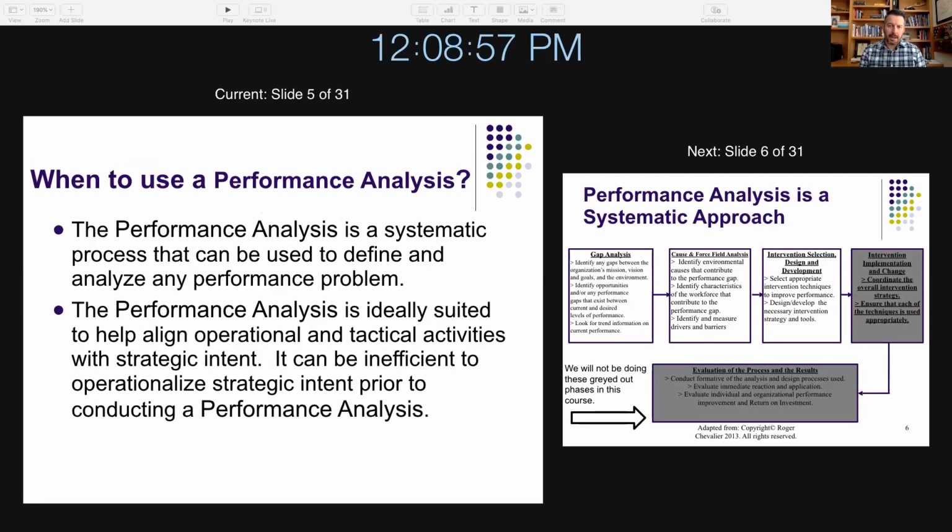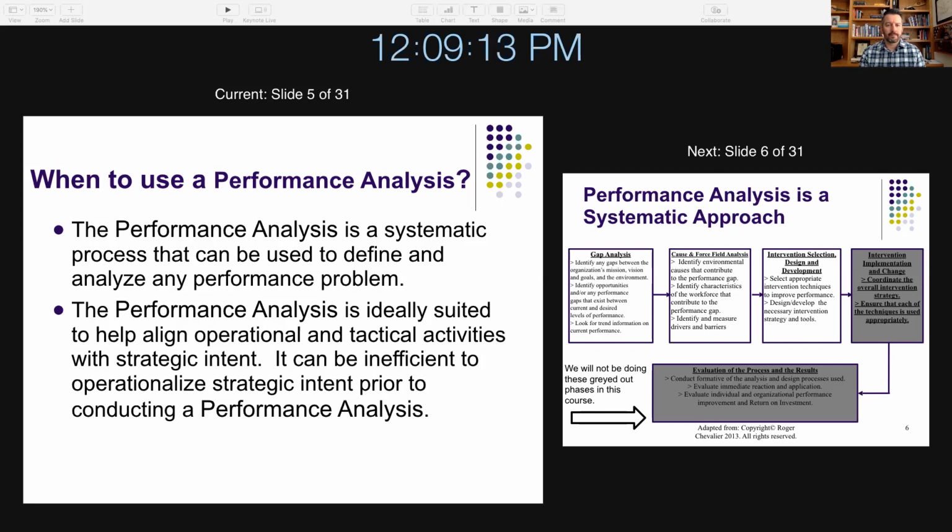What is a performance analysis or needs assessment? It is a systematic process, systematic in that you can basically go step by step through the process.